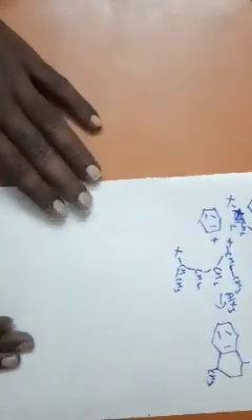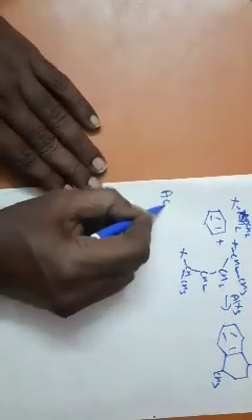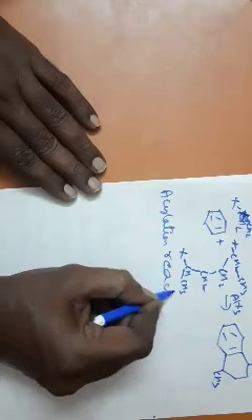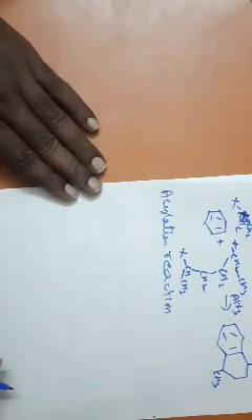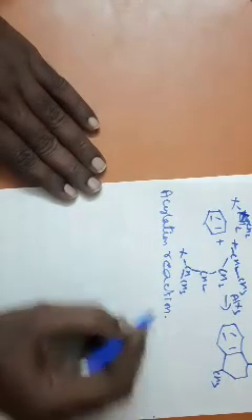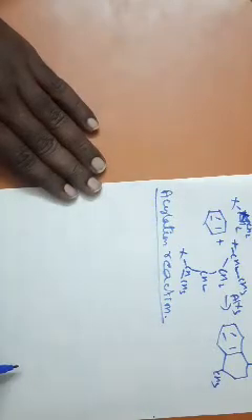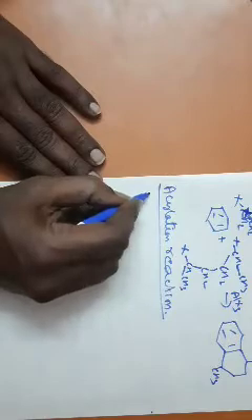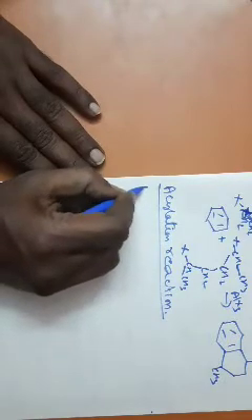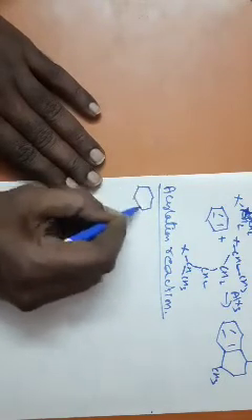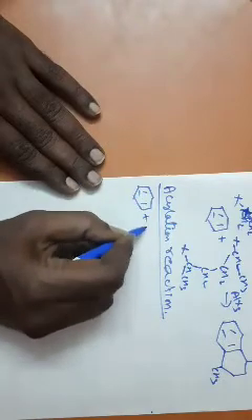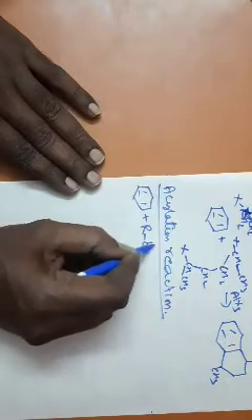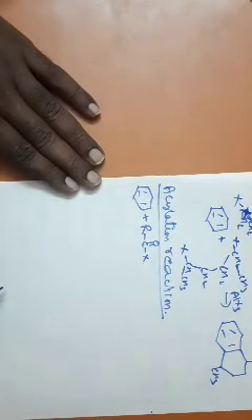Now let us come to the acylation reaction. What is meant by acylation? How does acylation take place? In acylation reaction, the aromatic compound is simply treated with an acid halide, RCOX.